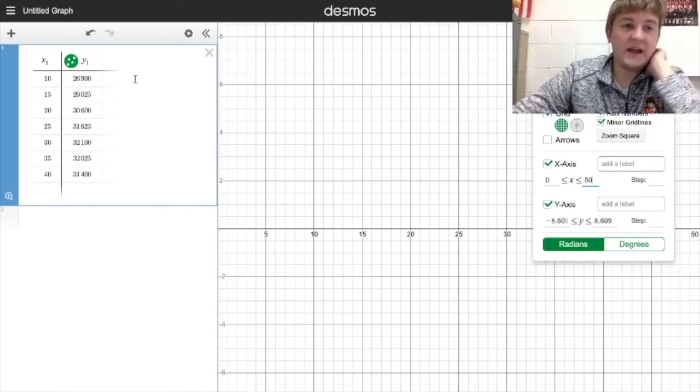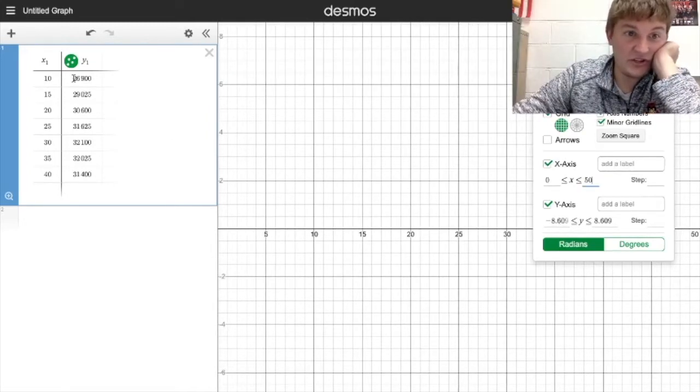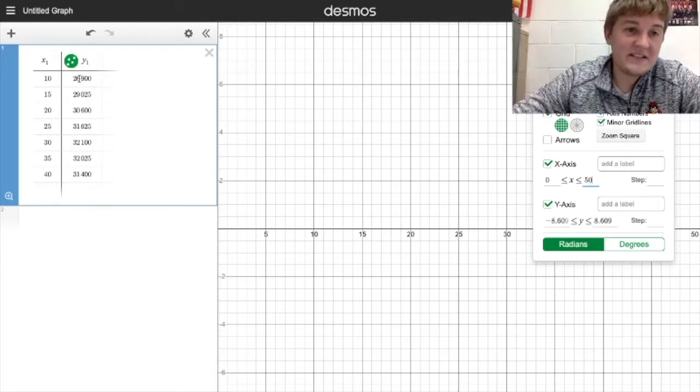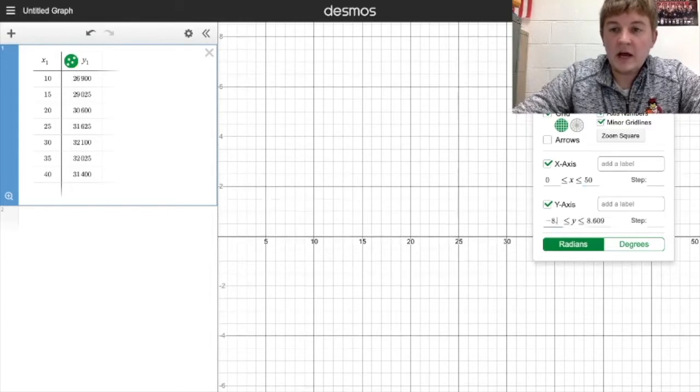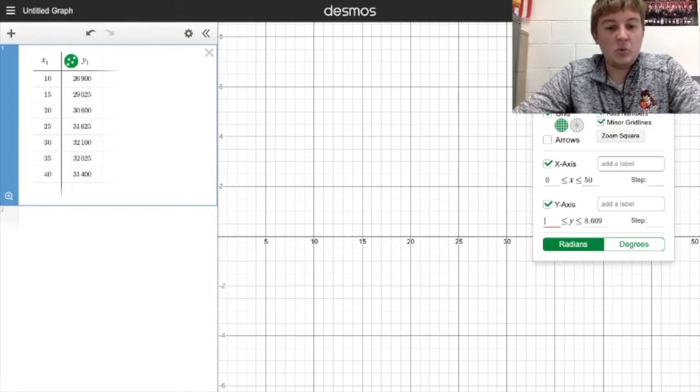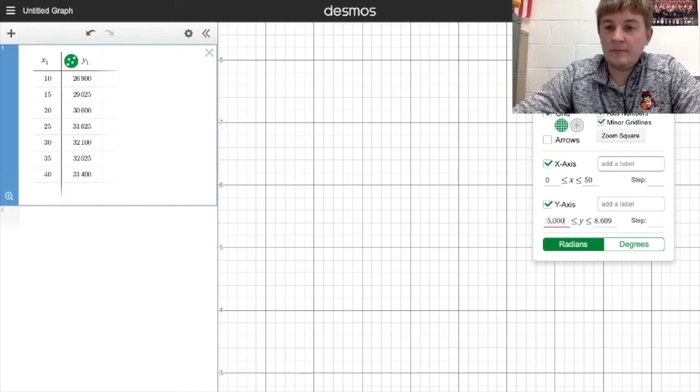Okay, for the y-axis, as I look here, my numbers range from about 26,000 all the way to 32,000. So let's go a little bit above and a little bit below that. Let's say 25,000 would be my minimum, and then here we'll say 35,000.